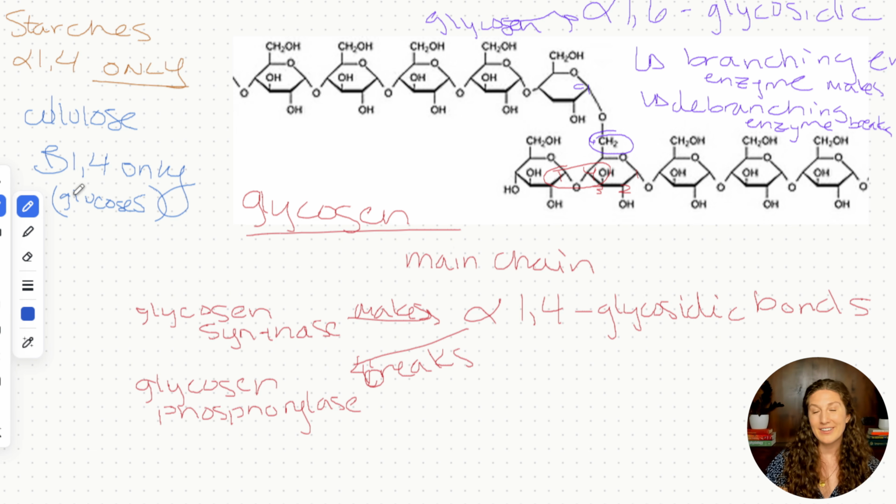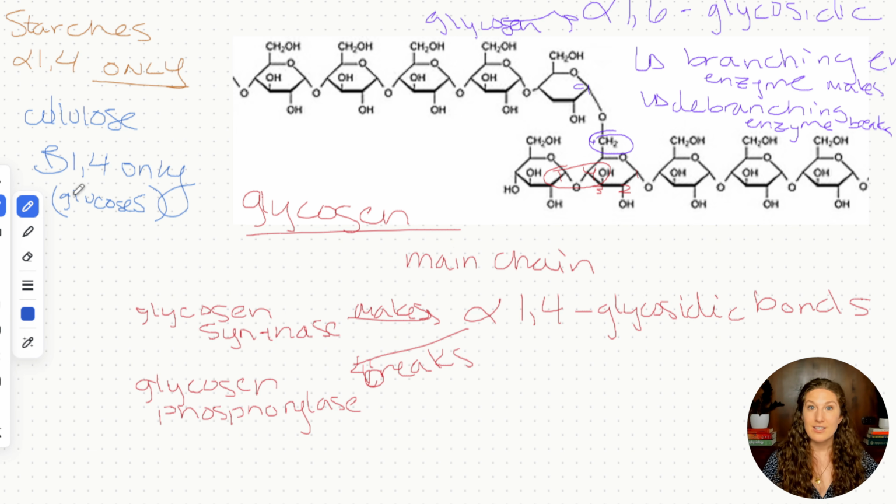It's also a cool little tidbit to know that beta 1,4 bonds are much stronger than alpha bonds. Alpha bonds, you can kind of see they're pointed. They have a little bit of strain on them, so they're not very strong compared to our nice linear beta bonds. And that's actually valuable because the point of glycogen is to be able to break down to glucose quickly if we need the energy. So we want our alpha bonds to be easily breakable.